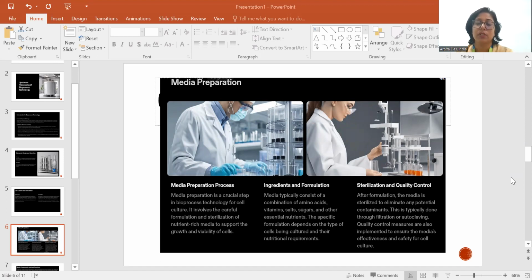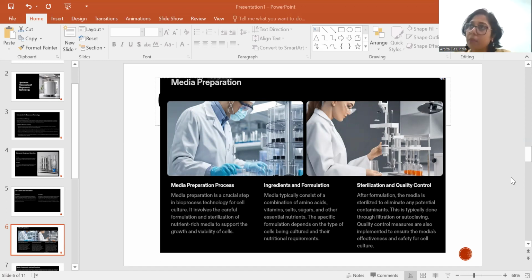Or we can use corn steep liquor, soya meal, peanut meal. So that can be utilized as one of the important nitrogen sources for media formulation. Different distiller solubles can also be utilized as a nitrogen source. Yeast extract can be another good example of a nitrogen source for media formulation.